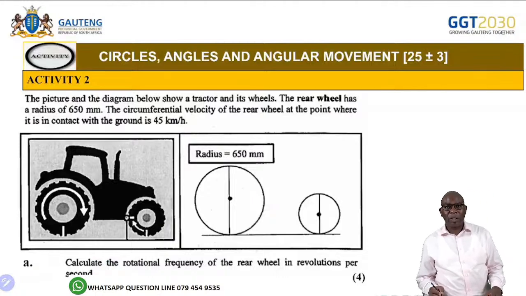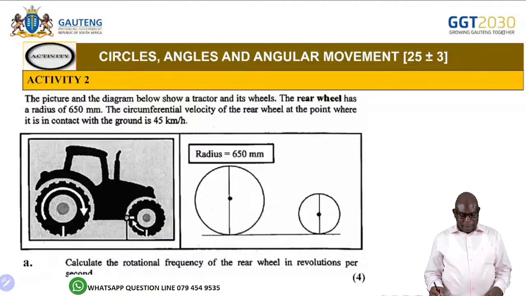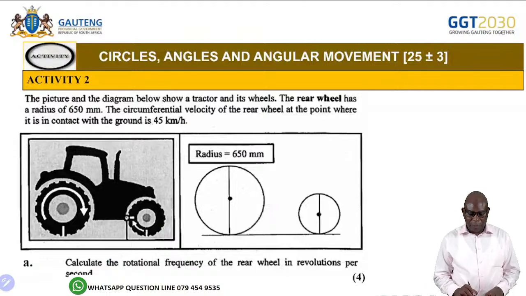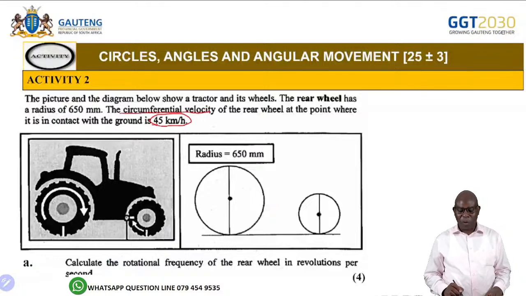Here's a nice question also here. Calculate the rotational frequency of the rear wheel in revolutions per second. You are now given this one as your circumferential velocity. So I go to my formula and check. My circumferential velocity is v equals pi dn.